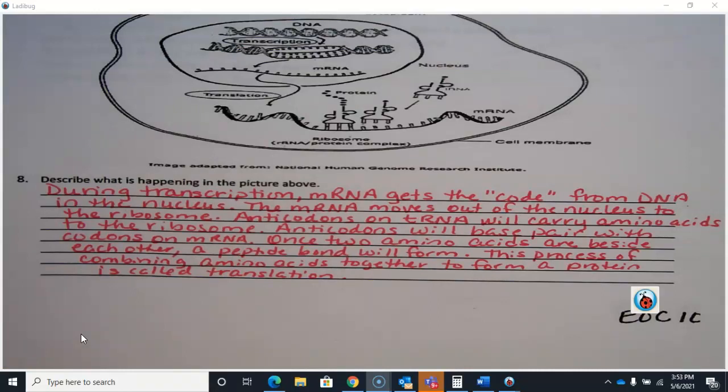Then anticodons on tRNA will carry amino acids to the ribosome. Anticodons will base pair with codons on mRNA. Once the two amino acids are beside each other, a peptide bond will form. This process of combining amino acids together to form a protein is called translation. Again, feel free to stop the video so you can make sure you get everything down in the paragraph.